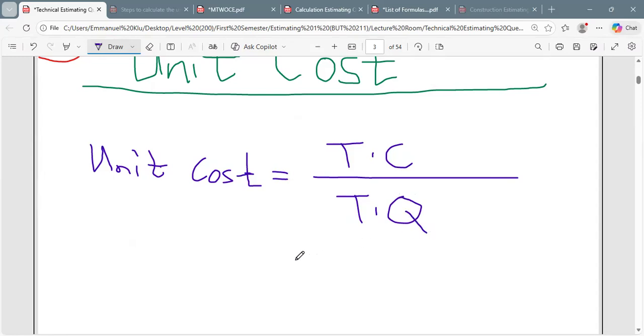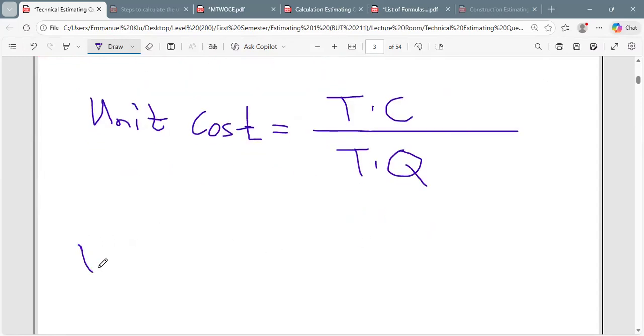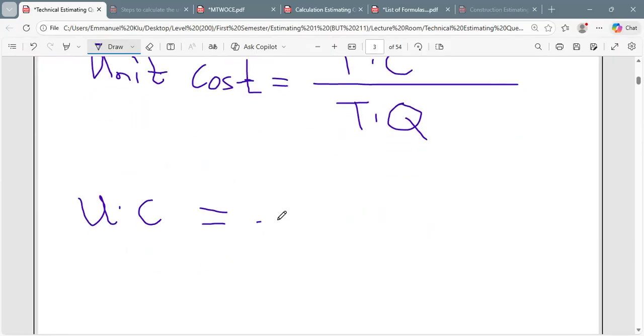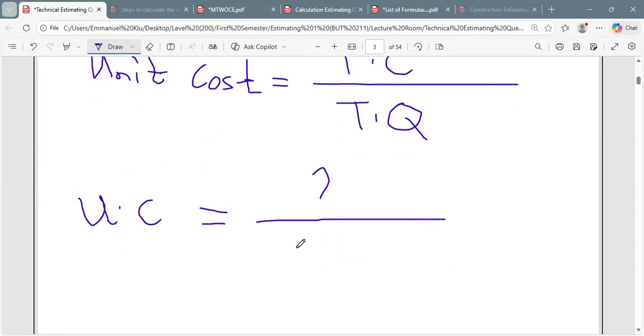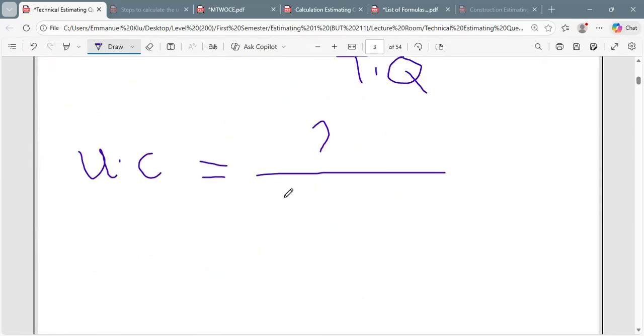So you see, we can now go ahead and calculate for our unit cost. What is the value of our total cost? It means that we have to now go and find our total cost because we don't know it, but we know the total quantity. The total quantity is 30,000.